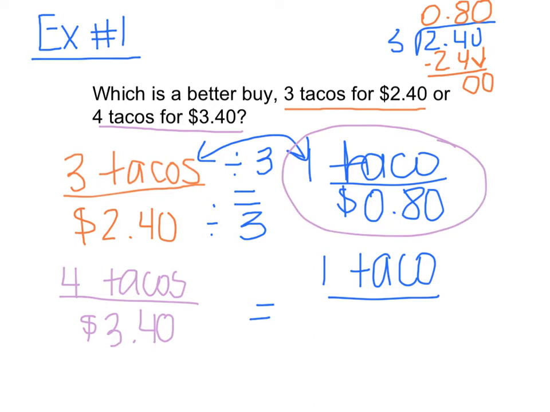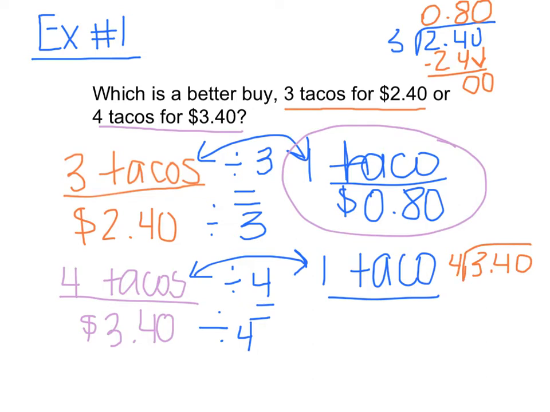Now for the second option, we also have to get to 1 taco. So to go from 4 tacos to 1 taco, we have to divide by 4. So we have to do the same thing on the bottom, divide by 4. So we have $3.40 divided by 4.